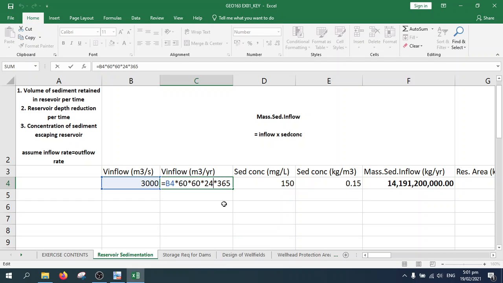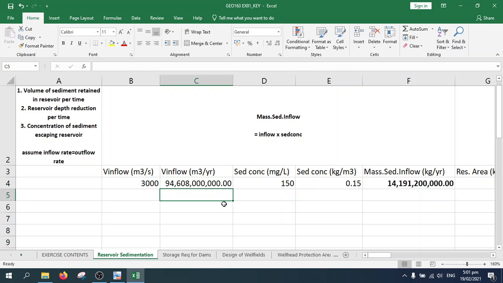So just multiply it by days, months, hours, so seconds to year, and you'll eventually get 94.6 billion cubic meters per year. That is the total water inflow for a year, the volume of water that's getting into the dam in a period of 1 year.